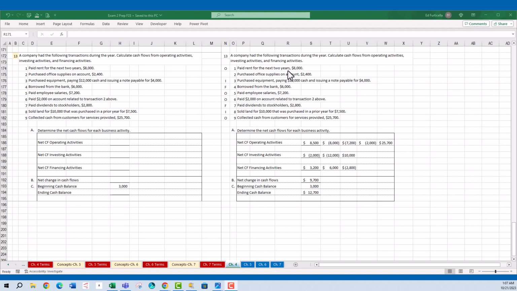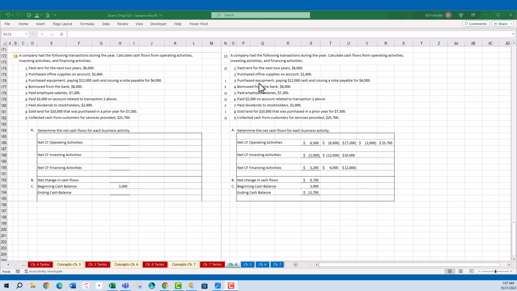Paid rent for 2 years is an operating activity. Anytime we're paying rent, that's for normal operations. Purchase office supplies on account, we're not going to include that transaction because there's no cash involved. And a statement of cash flows involves only activities where there's cash inflows or cash outflows.